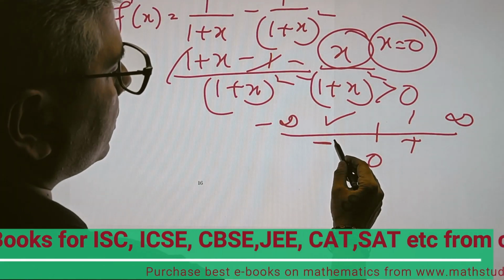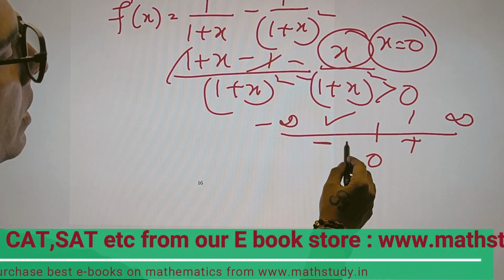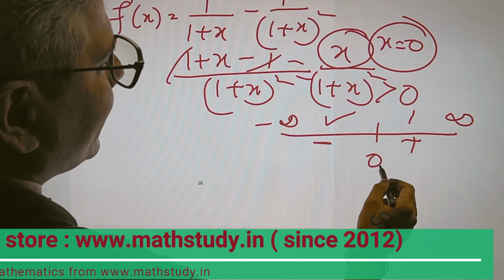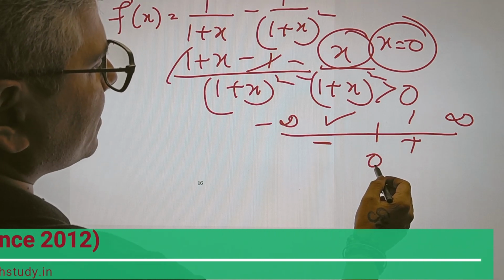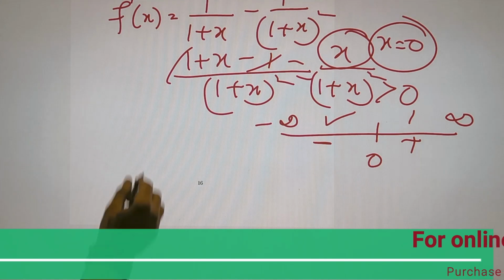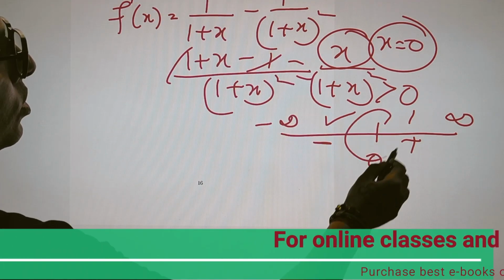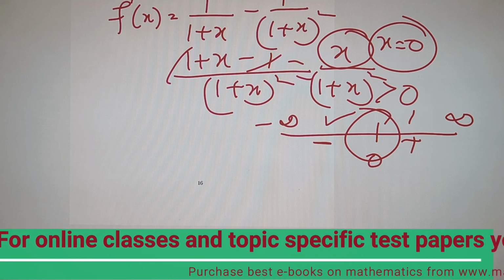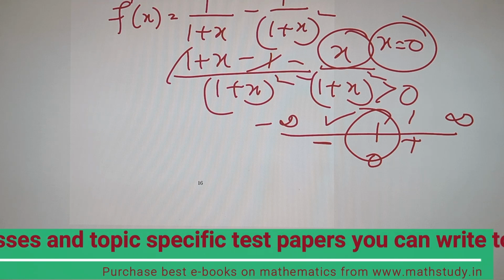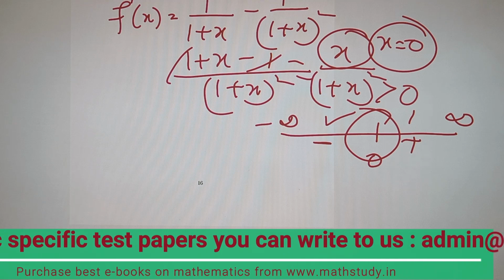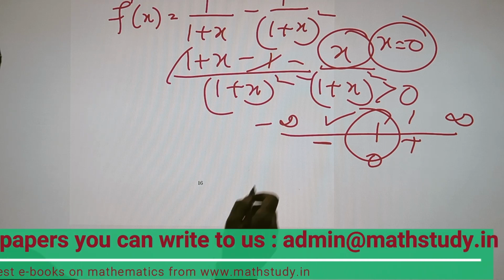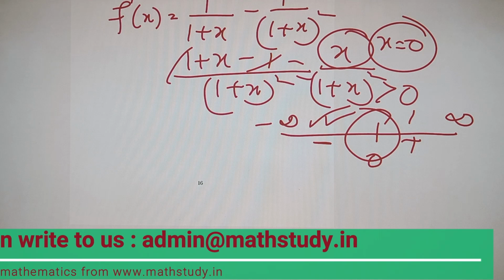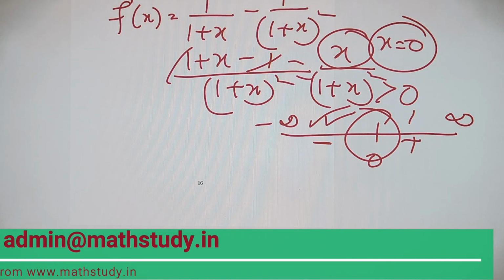So f dash x is behaving from negative to positive. That means the function attains a minimum value here at x equal to 0. We have proved that f(x) attains its minimum value at x equal to 0. So that was the solution of part 2, question number 4.